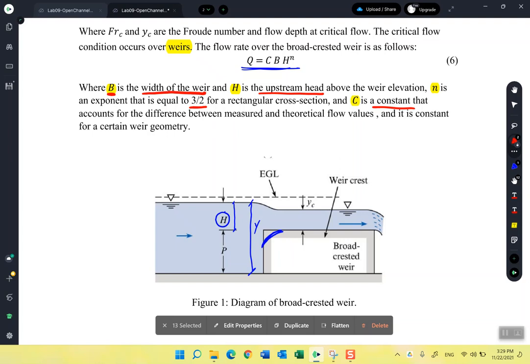We calculated the C coefficient, and actually in this situation, the C coefficient is almost the same. It is a constant that takes into account the difference between the actual flowing discharge and the discharge that we can calculate using this equation. And in today's lab, we are going to figure out the value of this constant based on the measurements that we are going to take.